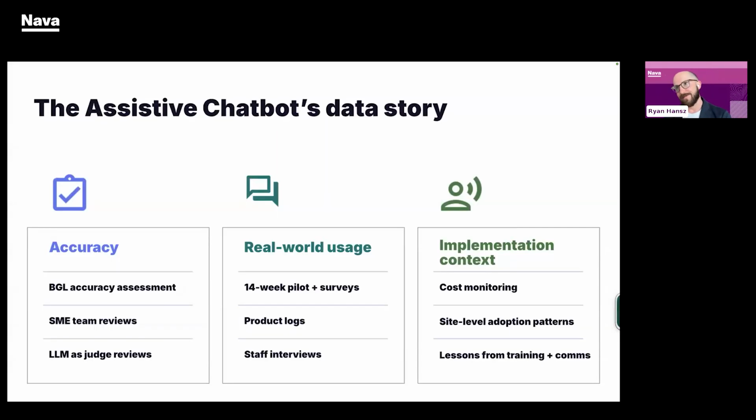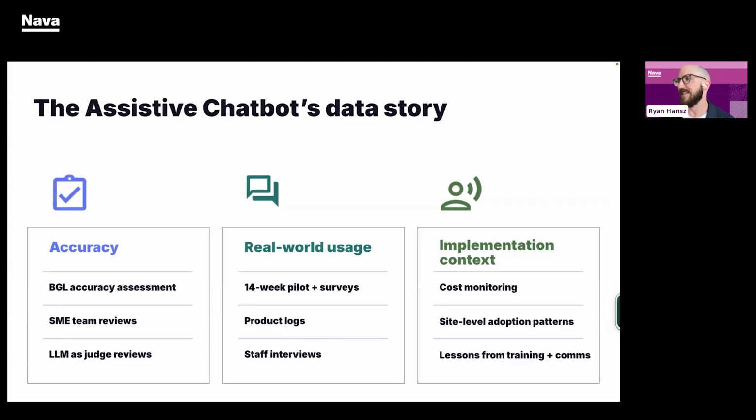So for the chatbot, at a high level, that looked like accuracy. I went through the Better Government accuracy assessment for deep accuracy evaluation on SNAP questions. We were also working with subject matter experts to do team reviews of outputs. And then we also supplemented that with LLM-as-judge reviews to get broader coverage and to tell a cohesive story rather than relying purely on asking ChatGPT to evaluate the chatbot's answers to see if they're good or not.